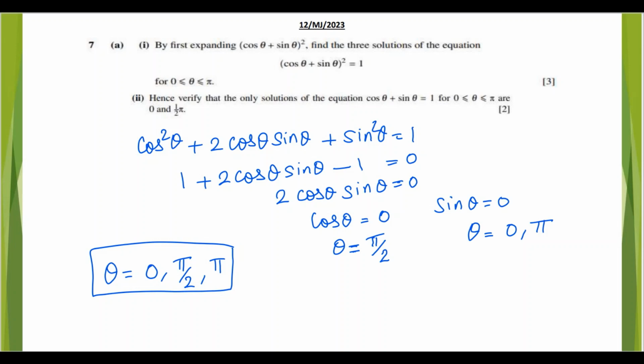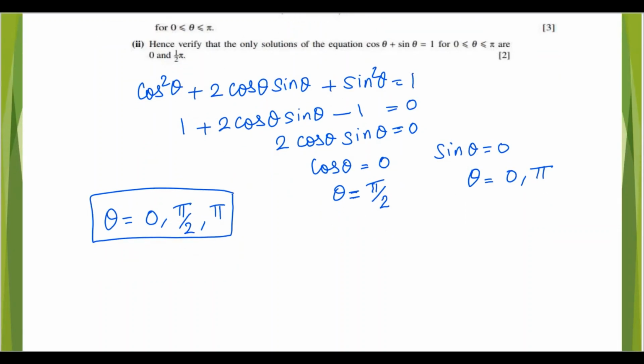The difference is here square is given, here square is not given, so this has only two solutions. We have to verify it.